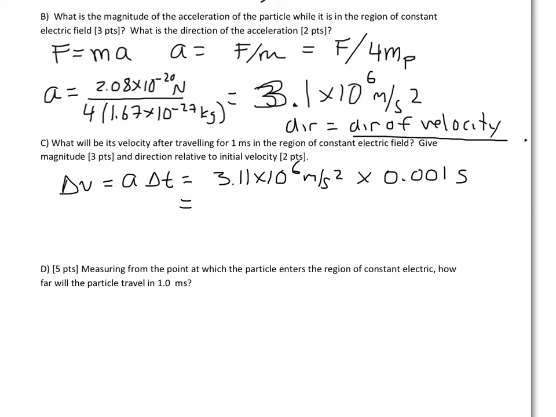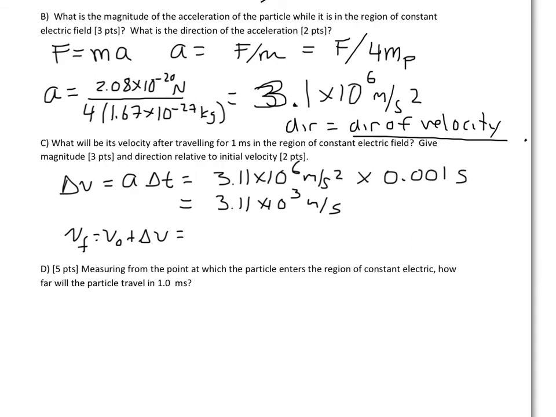This gives us a change in velocity of 3.11 times 10 to the 3 meters per second. So the final velocity then would be the initial plus the change in velocity.